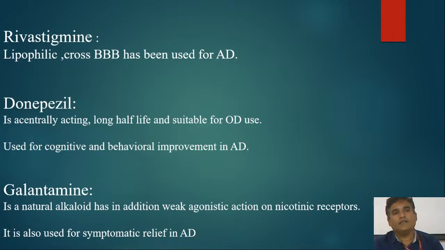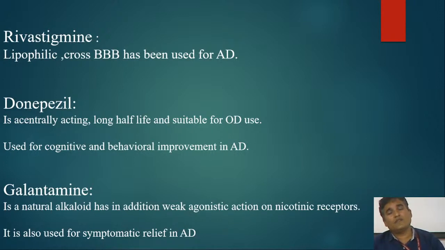Another drug, a newer drug, rivastigmine, has the same mechanism of action. It is lipophilic and can easily cross the blood-brain barrier. It is comparatively safe as compared to tacrine, because tacrine can also cross the blood-brain barrier.